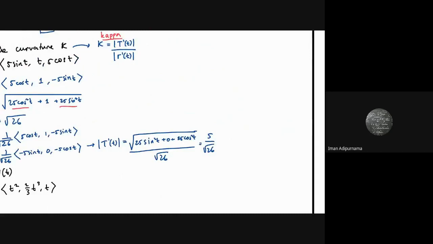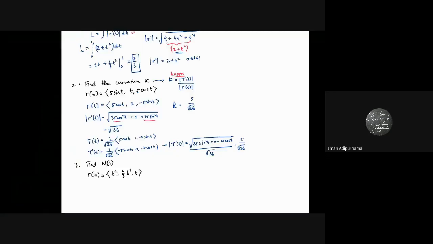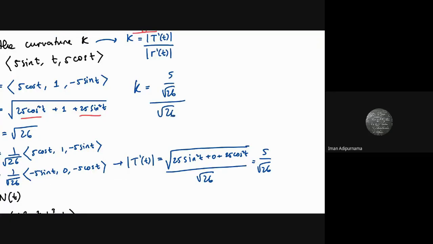So the curvature is 5 over this, divided by this. So we have, okay.